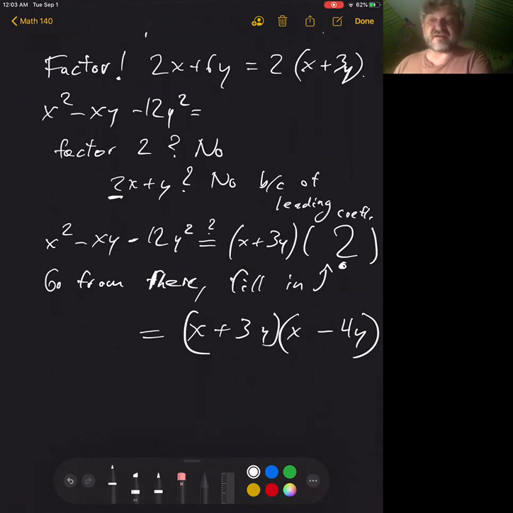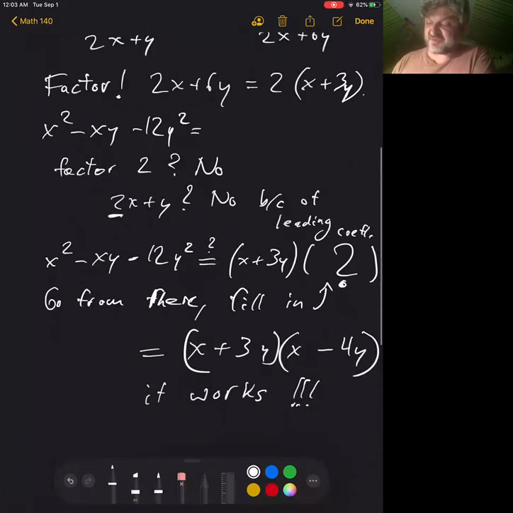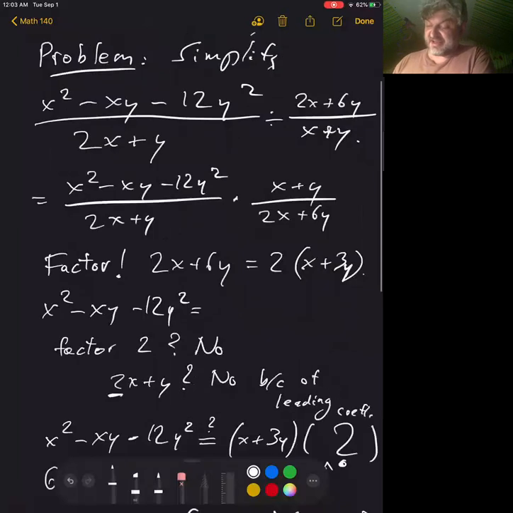And then we need to check the two mixed terms, 3yx minus x times negative 4y, gives me a total of negative xy. It actually works. It pans out. Hooray! That means there's an actual simplification going on. I can cancel out the x plus 3y, and what's left?